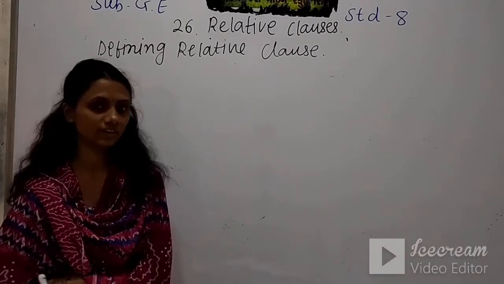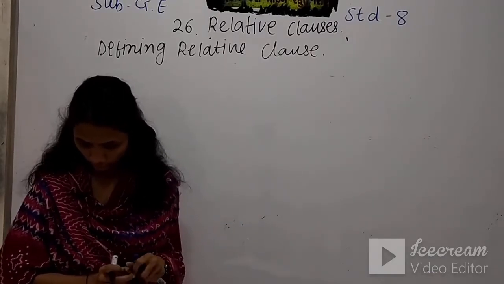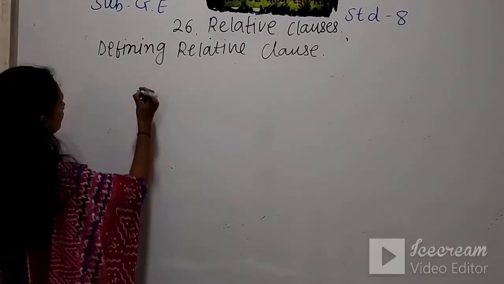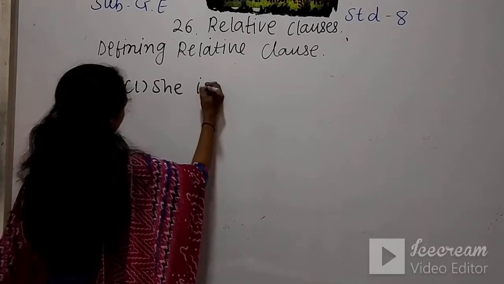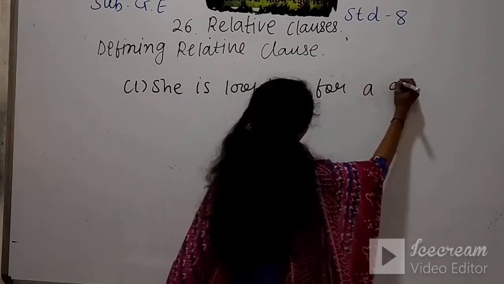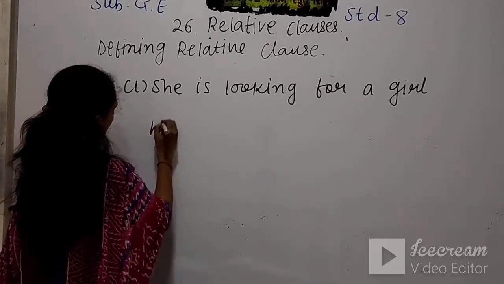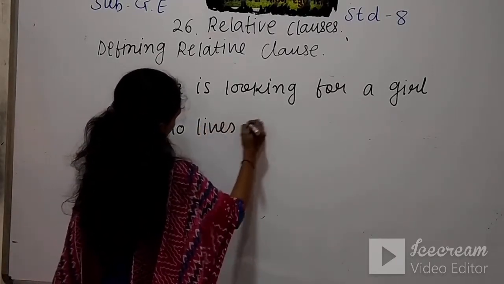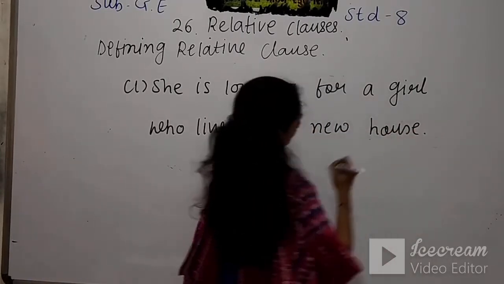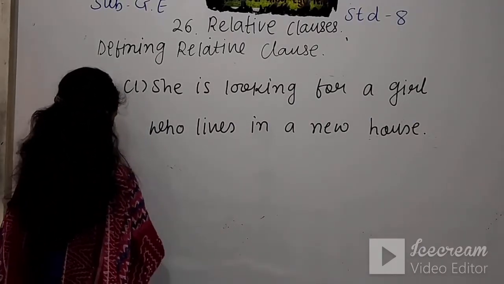There are two types of relative clause, defining and non-defining. What is a defining relative clause? We can say: She is looking for a girl who lives in a new house. Secondly, we went to a shop which sells grocery items.